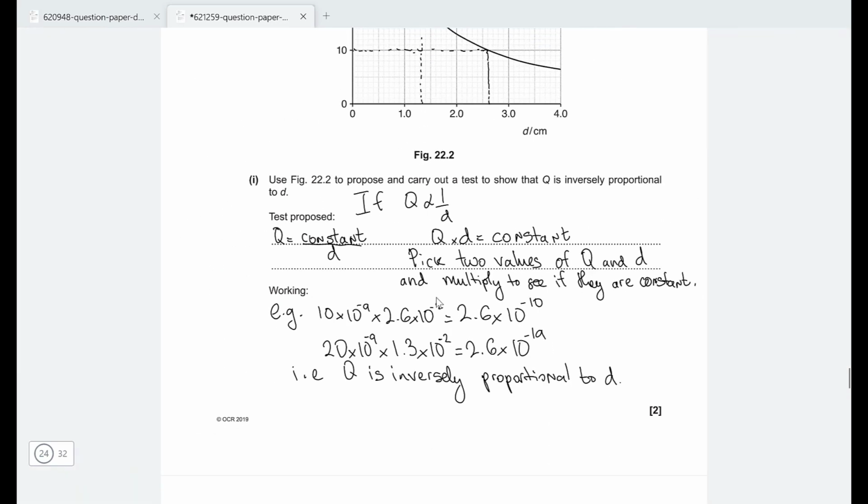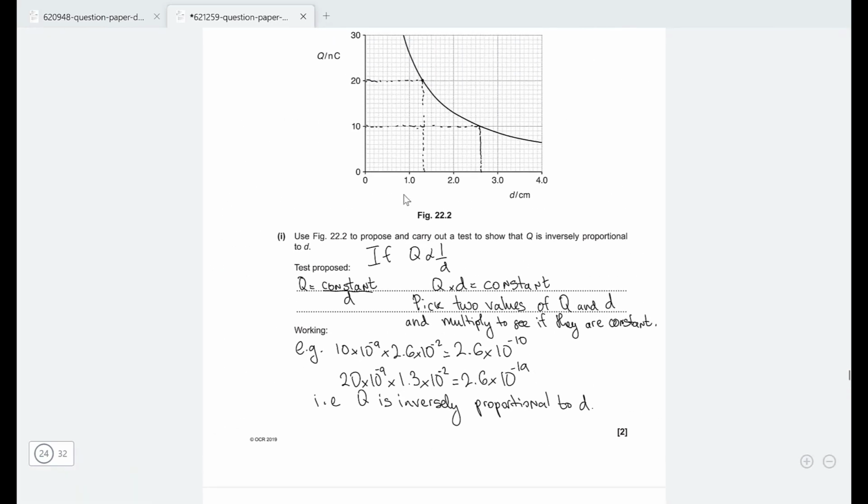For instance, you can see the points which I have picked over here. I picked this point over here, and I've multiplied the value of Q, which is 10. Just be really careful with the prefixes: this is in nanocoulombs, 10 to the power of minus 9, and this over here is given in centimeters, 10 to the power of minus 2.